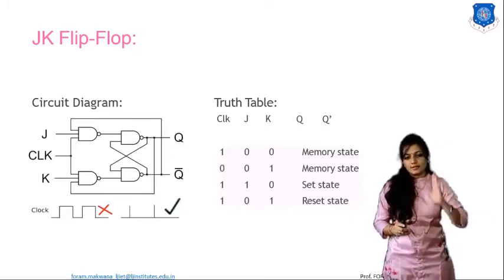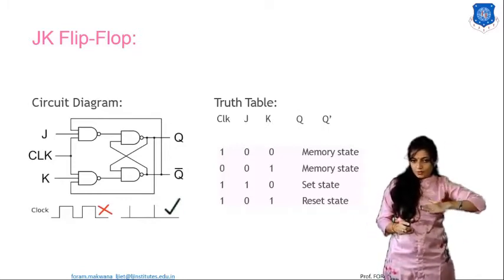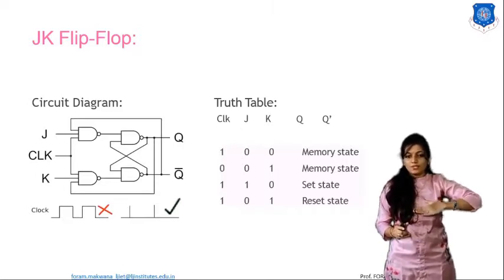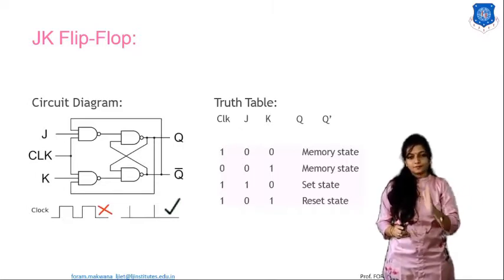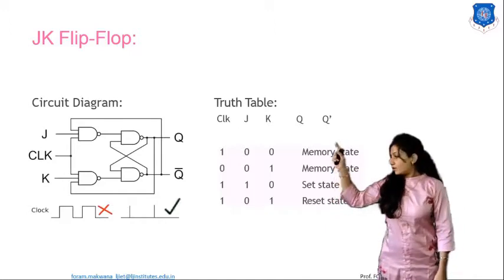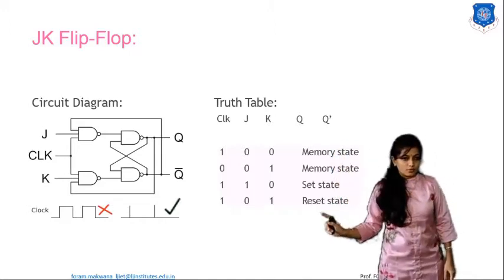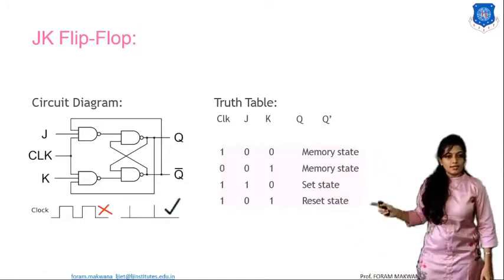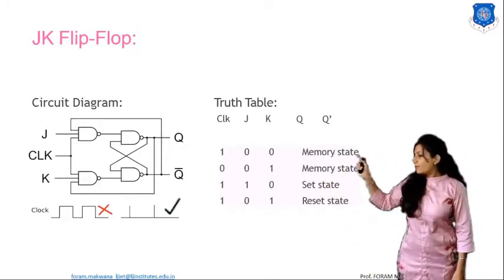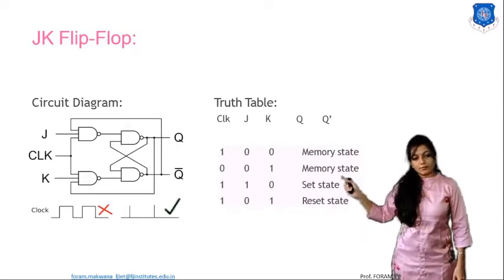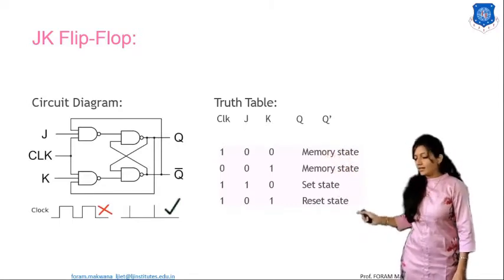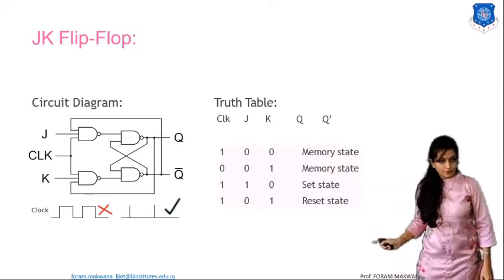Positive edge means rising edge. The value of clock will change from 0 to 1. If clock is equal to 1, consider that J and K are both 0, 0. And if my clock is equal to 1, then the outputs of the first and second NAND gates are 0 and 0.